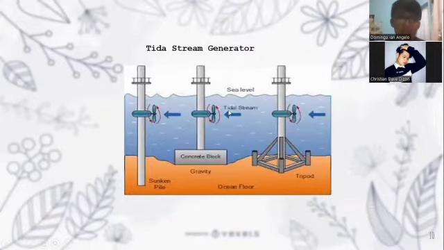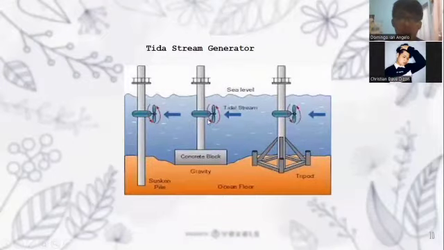So, ito yung example kung paano mag-work yung tidal stream generator. Ayan, mapansin nyo, ito yung sea level, ito yung agos ng dagat or kahit sa river man yan, and dahil sa pag-agos na yun, iikot tong ating tidal blades, and because of that, nakakapag-generate ng electricity.